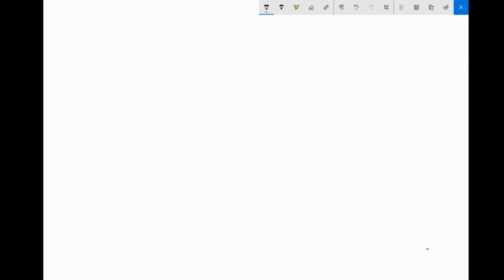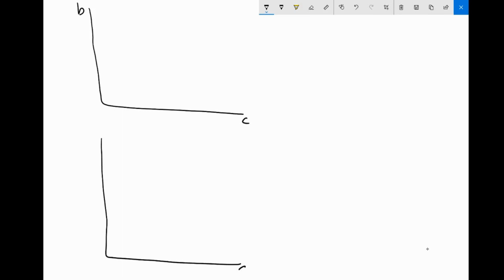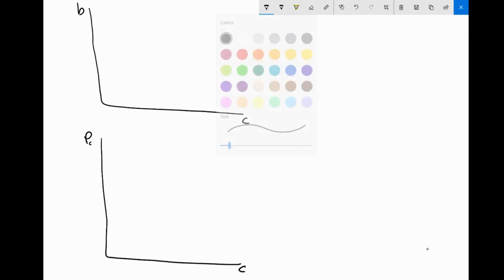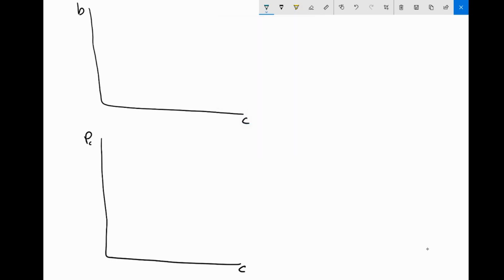Okay, so we're going to do this very similar thing where we're going to have a graph that plots coffee and bagels, okay, and then right underneath it I'm going to have a graph that does the inverse demand curve for coffee. Okay, and what we're going to do is I will throw one budget line on here.